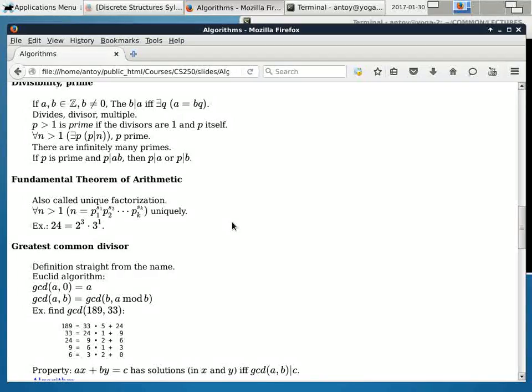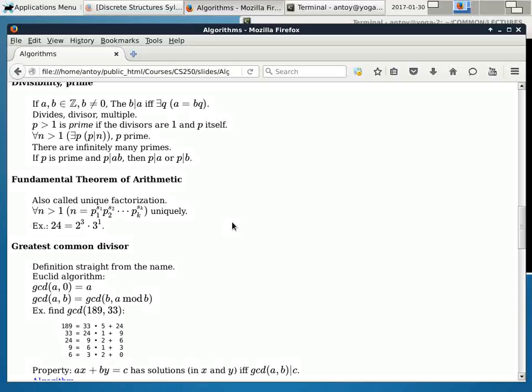So I have to find, I write 198 is equal to 33 times some Q plus some R. Who can tell me what this Q and this R are? This is 5 and this is 33. Do you believe me? If you have a pocket calculator, you can verify.